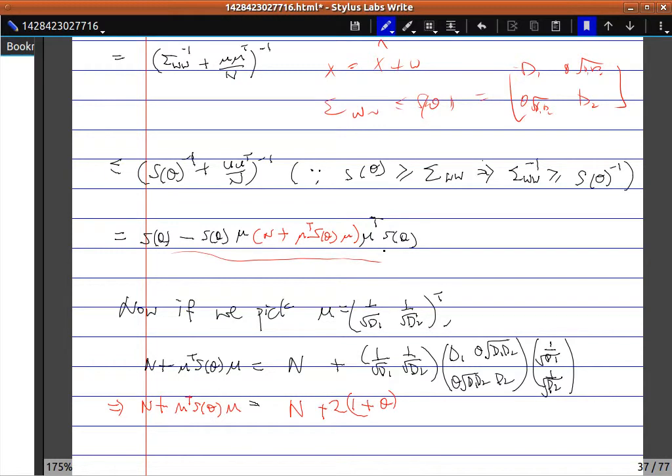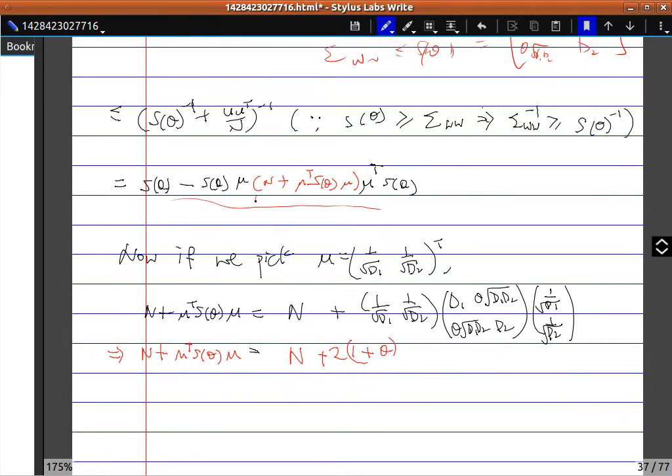Now, we didn't mention what mu should be, but if we pick mu equal to 1 over square root d1 and 1 over square root d2, then this term here will be much simplified. It's just equal to n plus 2 times 1 plus theta.